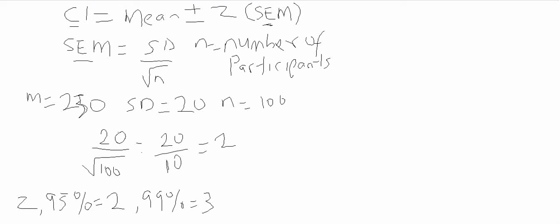So we know that the mean is 230 plus or minus 2 times the SEM. Our answer for the standard error of the mean was 2. Simple. Now we've gotten a very standard mathematical calculation here.